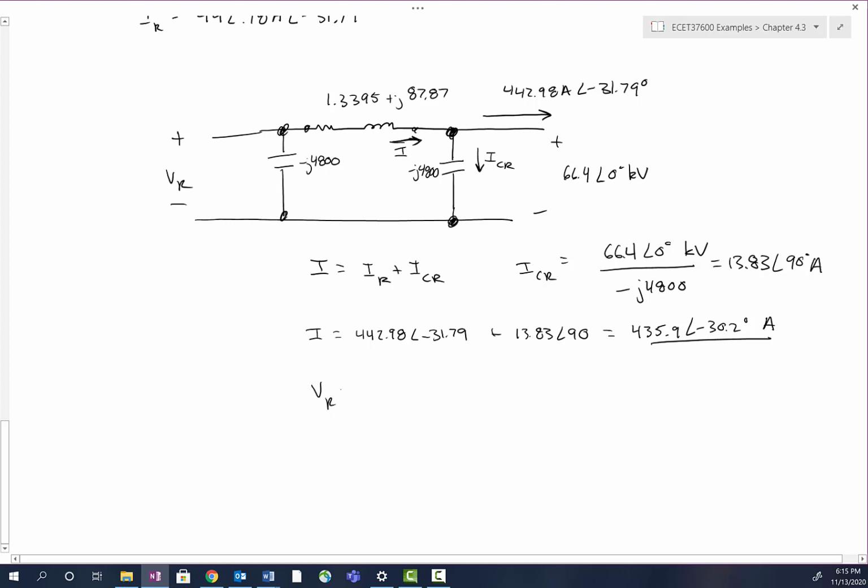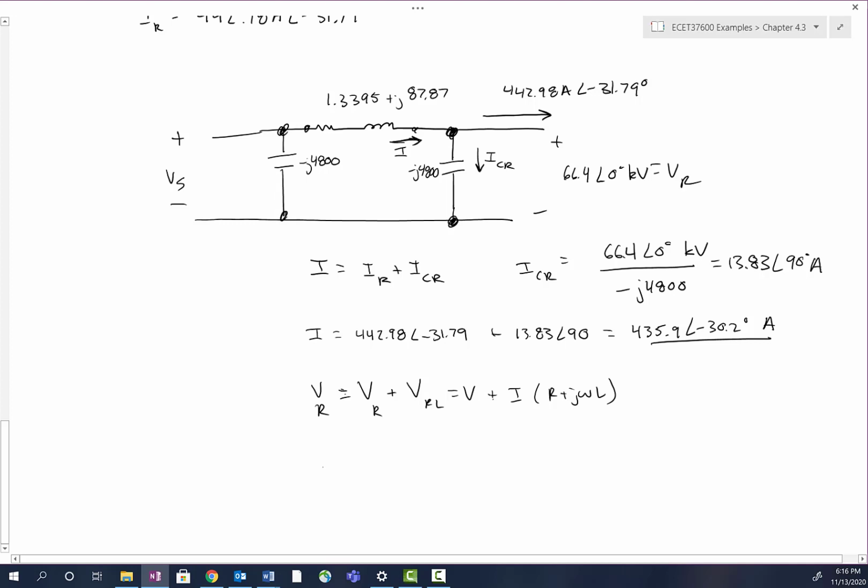So VS is equal to VR plus the voltage drop across the RL, which is equal to the receiving end voltage plus I times R plus j omega L. I've been writing these backwards. This is not R, that's S. That's VR.